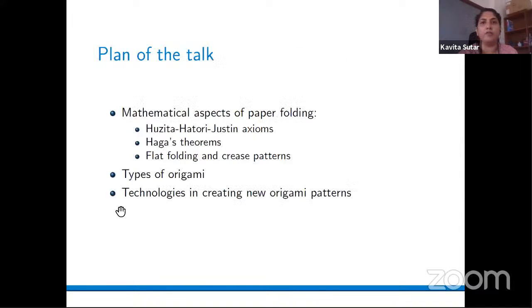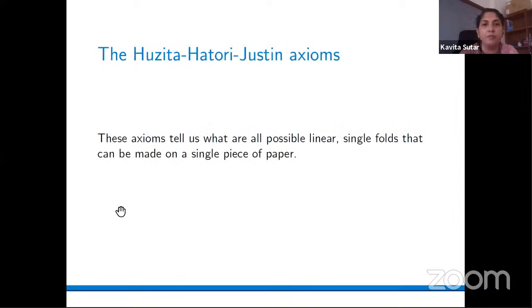What are the Huzita-Hatori axioms? First of all, why do we need axioms? Before we go on to these axioms, remember that the geometry that you learn in school has been around for many centuries, and people in many cultures used it. But it was Euclid who, in 300 BC, thought that there should be a proper logical foundation, a framework to describe what you can do in geometry.